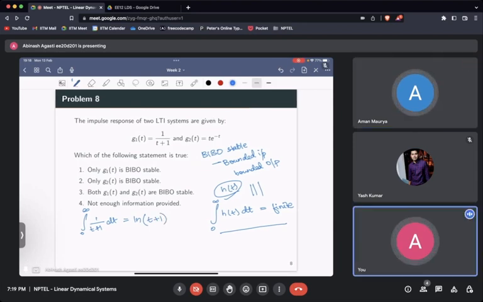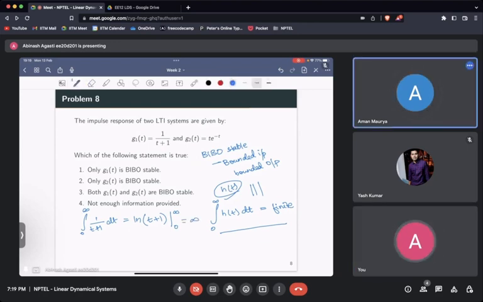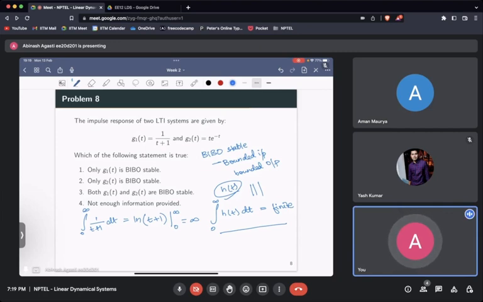Yeah, ln(t+1), from 0 to infinity. Right, so is this finite? It won't be finite. So it is infinite. So what does this mean? This g1(t) is not BIBO stable.